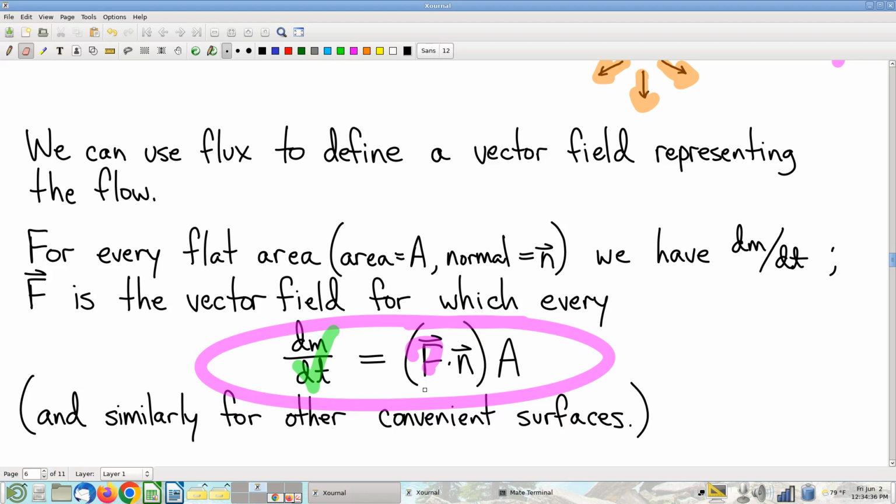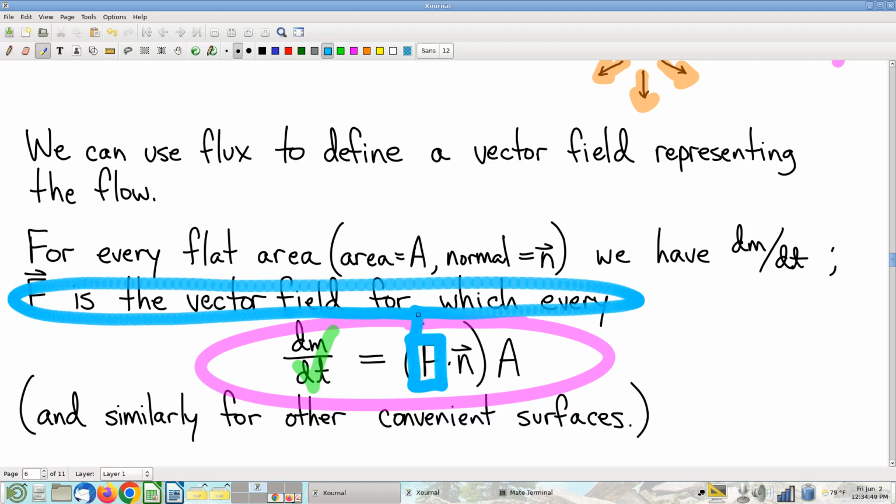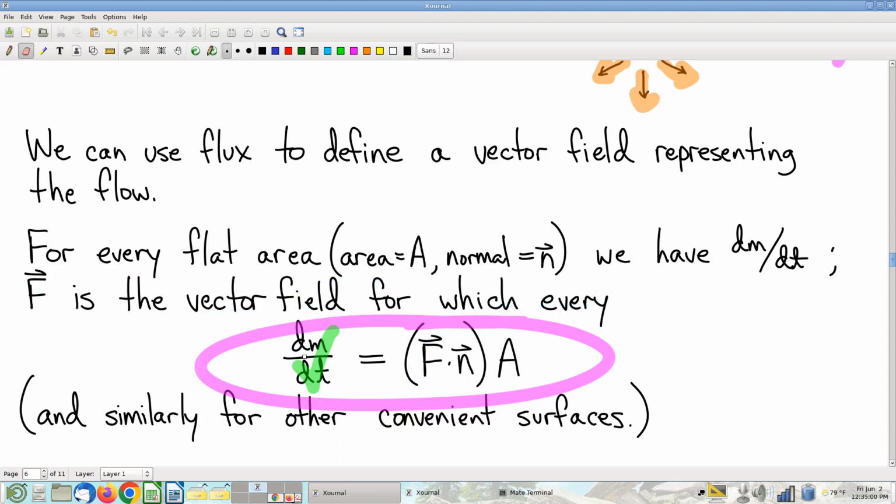And if you know what the flow rates are by calculations that you can do, then we say that the vector field is whatever it has to be for the flux formula to correctly compute all of the flow rates. So there is an answer in these cases for how to do that.